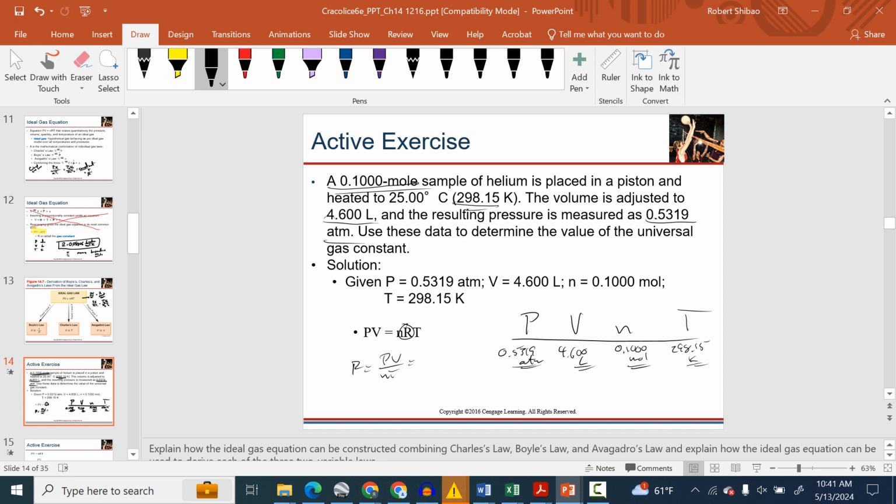So we just plug in the pressure, 0.5319, times 4.6, divided by 0.1, divided by 298.15.